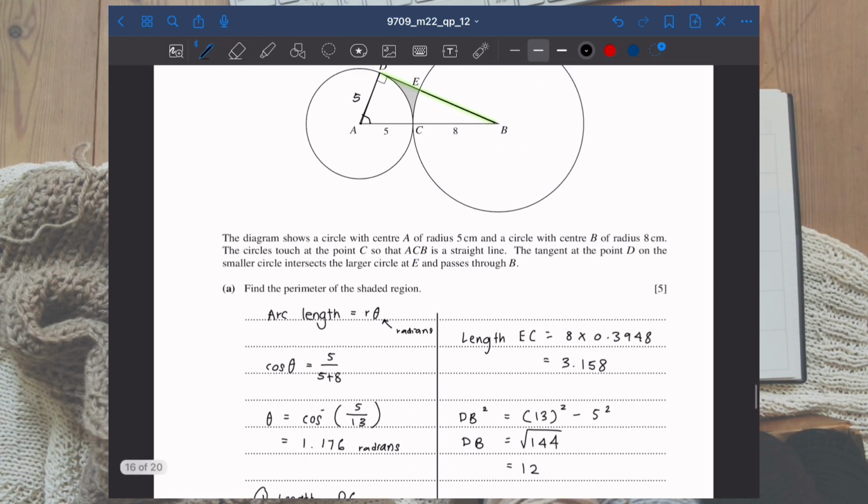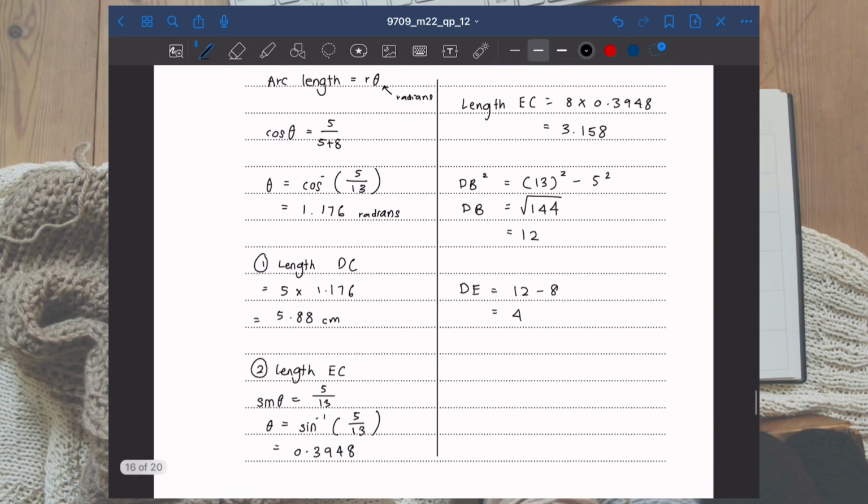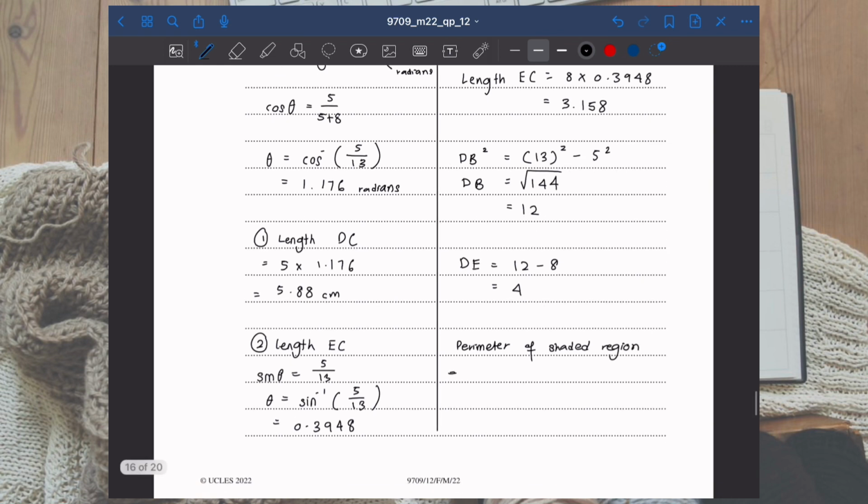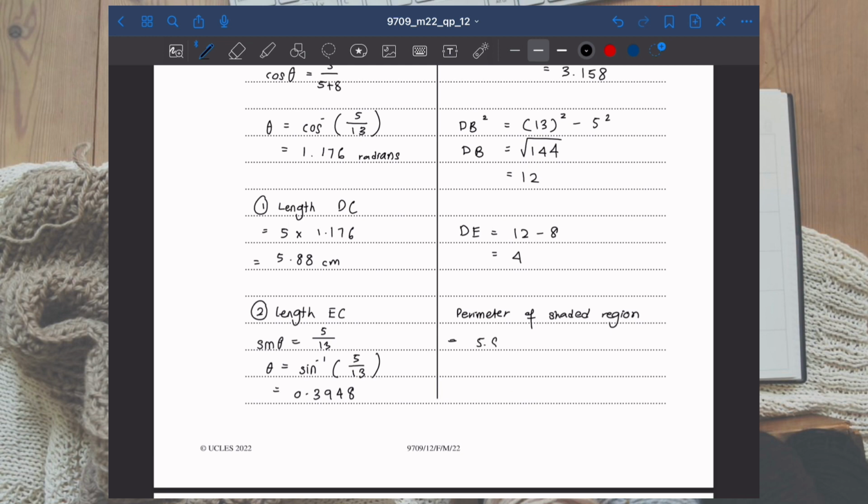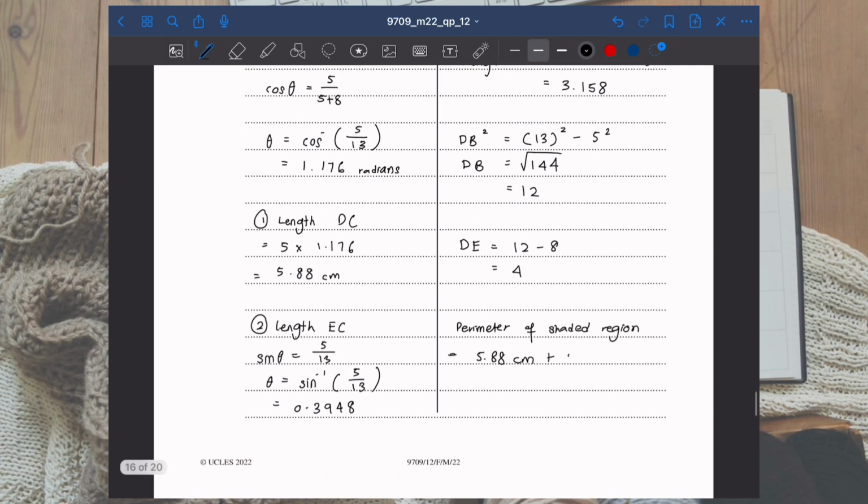So the perimeter of shaded region will be 5.88 centimeters plus 3.158 centimeters plus 4 centimeters.